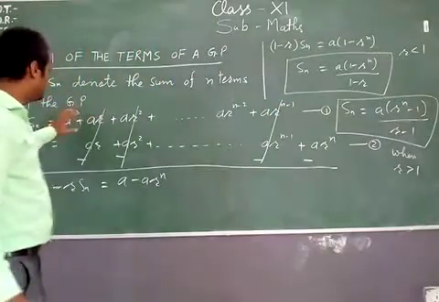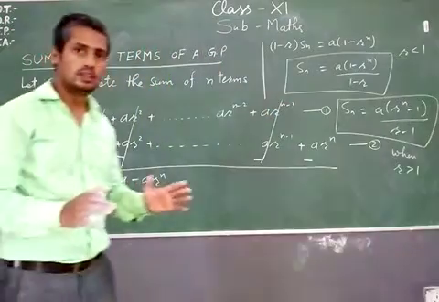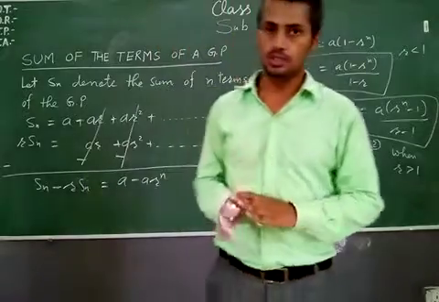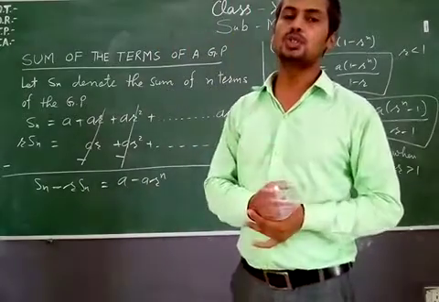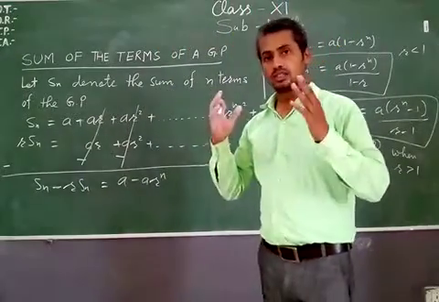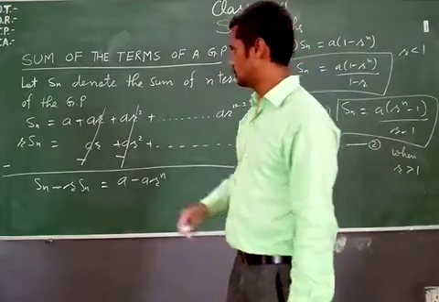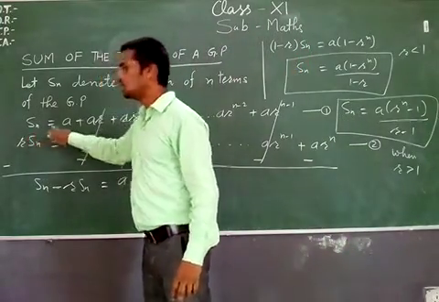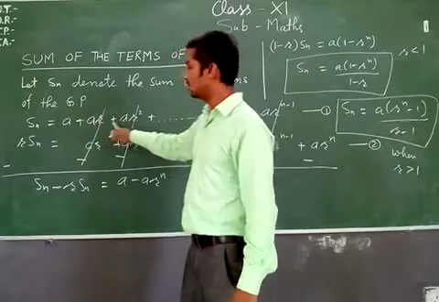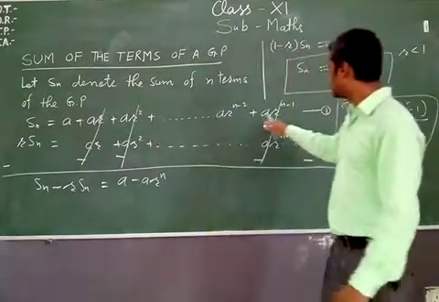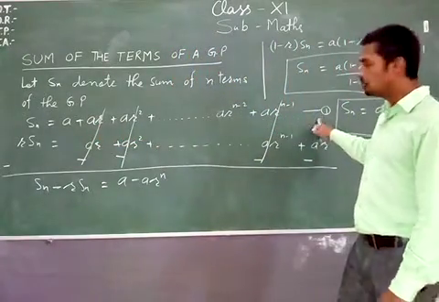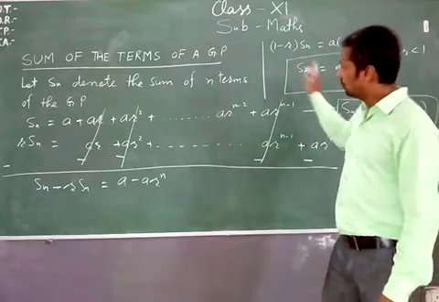Now see again, we have n terms in a GP, and Sn is denoted by the sum of the given terms. Then Sn equals a plus ar plus ar square up to the last term. We can call this equation number 1.